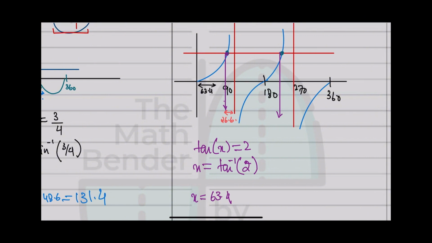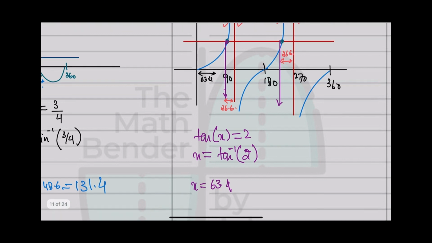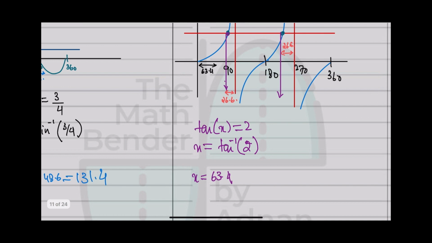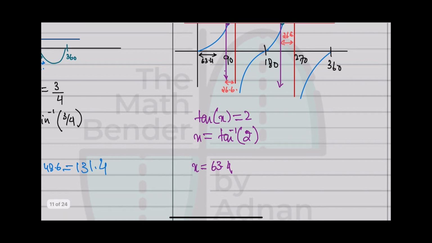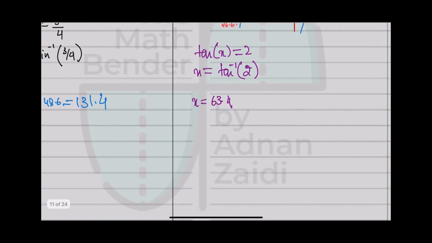Now, this line and this part of the curve is the same as this line and this part of the curve, just that the degree is increasing. So can I say that this distance is as well 26.6? So if I subtract 26.6 from 270 degrees, I'll get the answer.